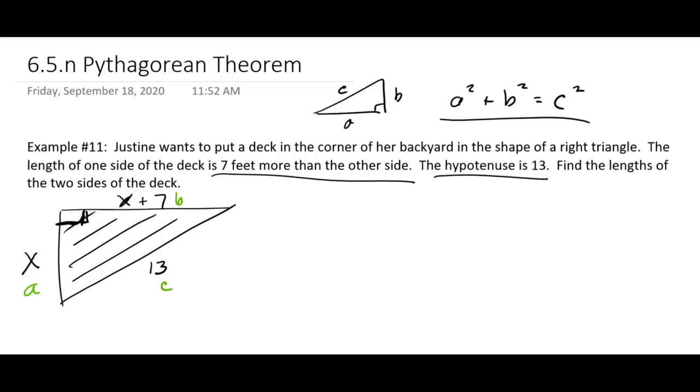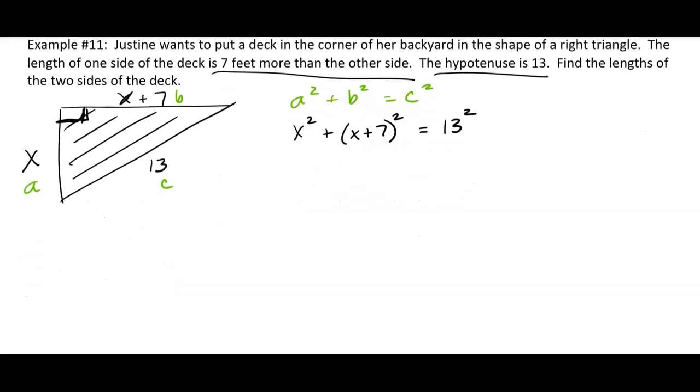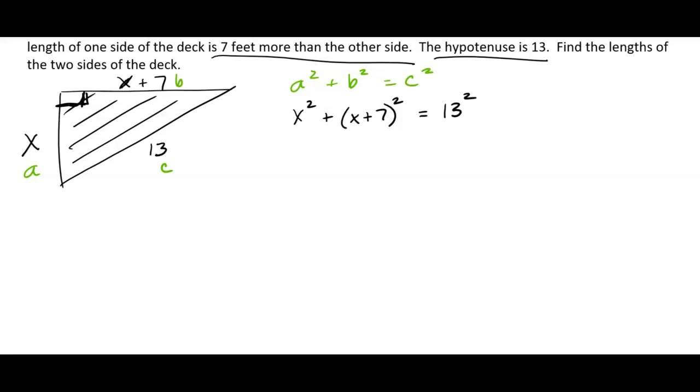Okay, so A squared plus B squared equals C squared. For us, that's going to be x squared plus, now you have to write this as x plus 7 squared, equals 13 squared. All right, so now we have an equation, and it's going to be a quadratic equation, and we get to solve it.